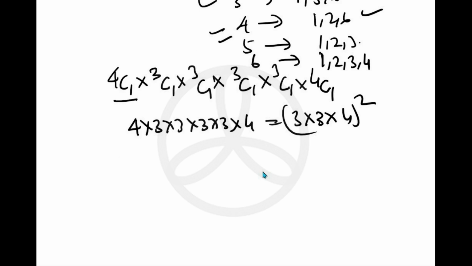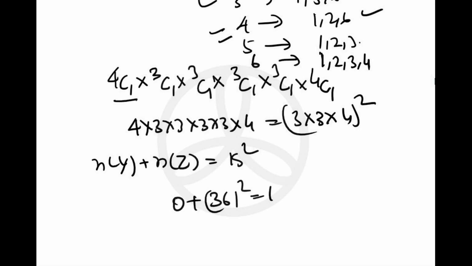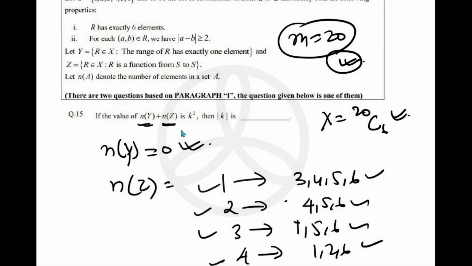And this is equal to n(y) plus n(z) is equal to k square, which means 0 plus 36 square is equal to k square. This will give modulus of k as 36. So our answer for this will actually be 36.